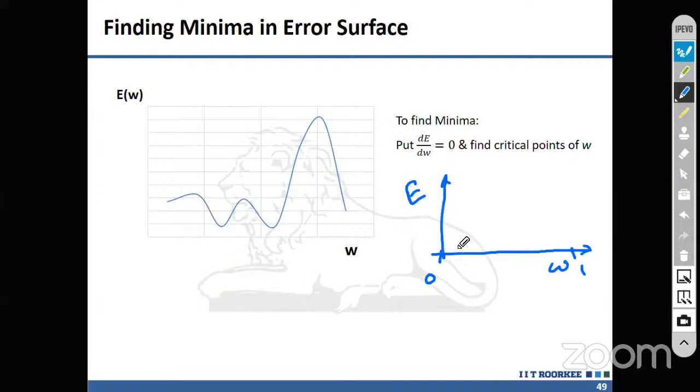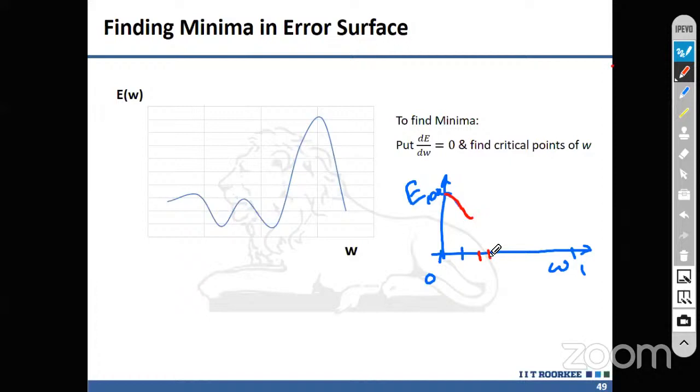And then you have this error. If your W value is 0, then you may have a lot of error. Maybe the error is 100%, let us consider. And then if you change W to 0.2, you get some error, less error.